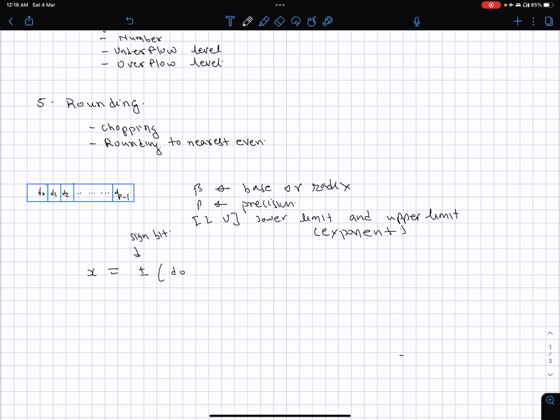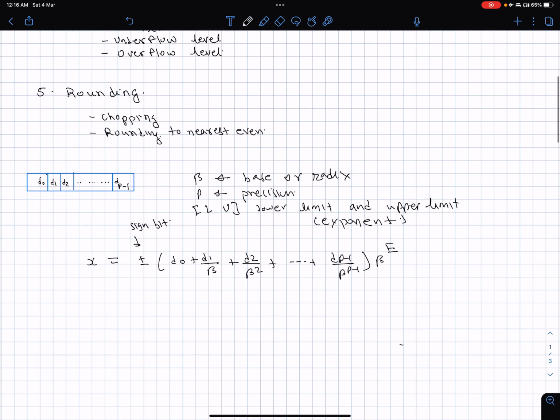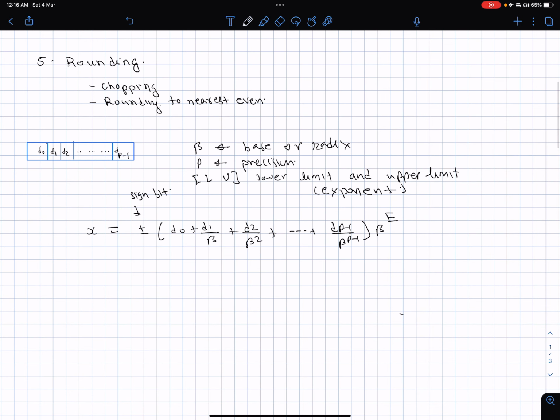Then d0 plus d1 by beta plus d2 by beta square, and so on up to d(p-1) by beta to the power p minus 1, into beta to the power e.